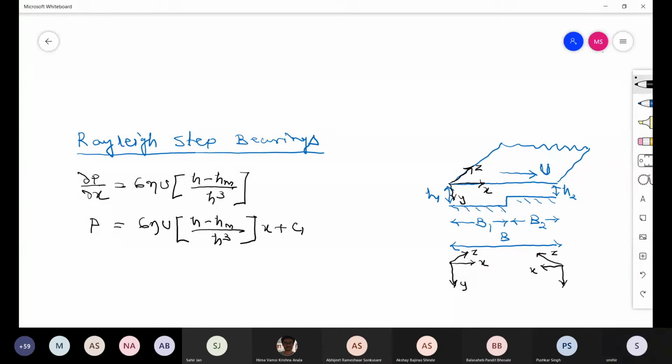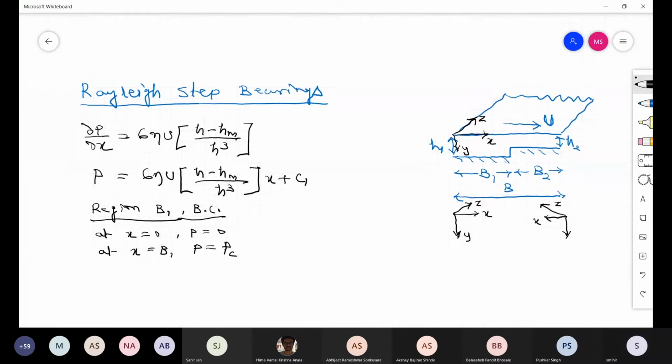Okay. So now the boundary conditions for region 1, region B1: at x equal to 0, p equal to 0, and at x equal to B1, p equal to, let's say, some pressure Pc.